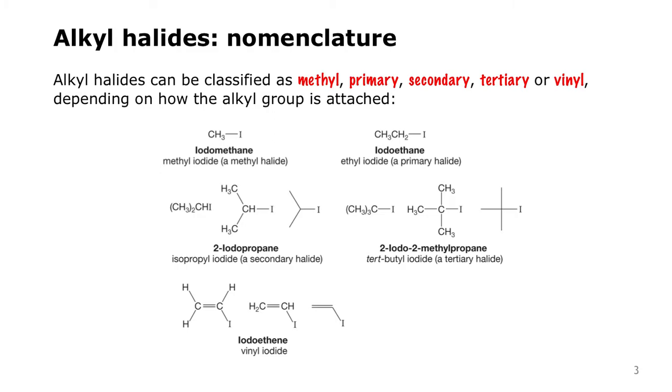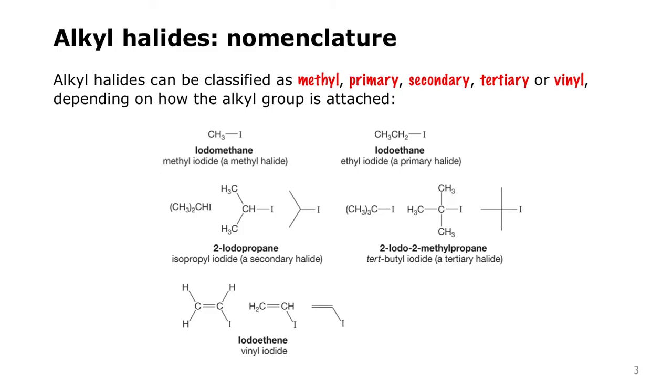In addition to the names of the compounds themselves, we also classify alkyl halides according to the type of carbon the halogen is directly attached to, and that's what's shown here. So for instance, there are essentially 5 categories: methyl, primary, secondary, tertiary, and vinyl.